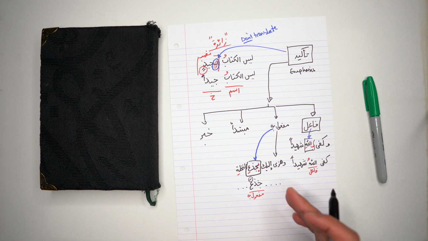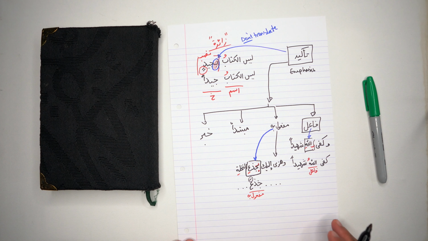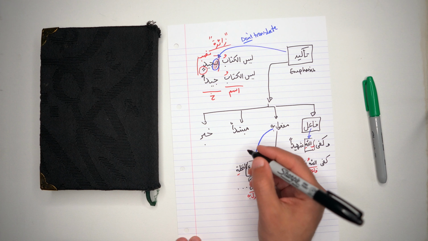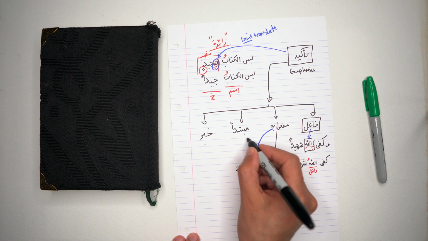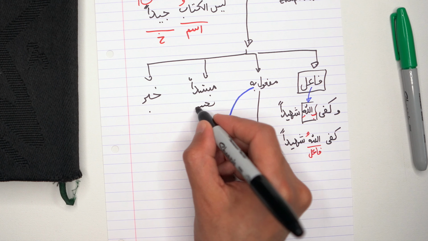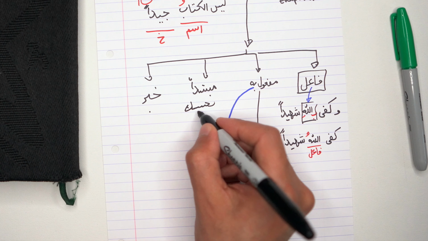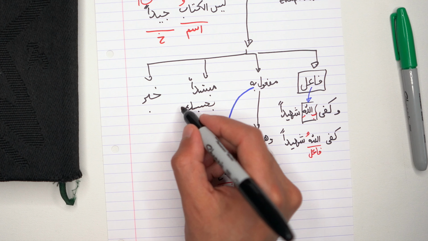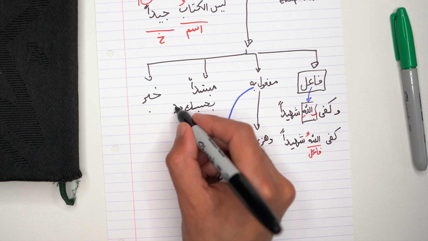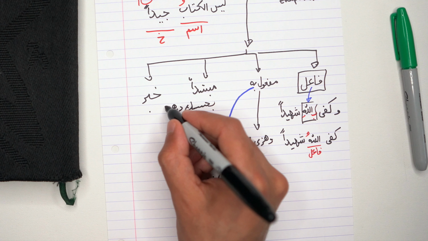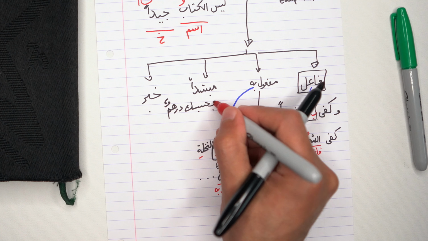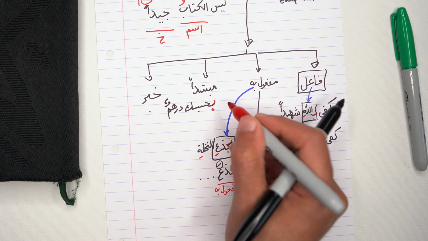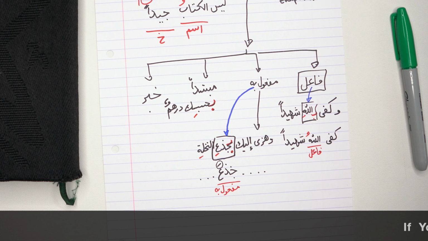I'm mubtada one now. Right, mubtada one. So the mubtada example, for example, is بحسبك درهم. بحسبك dirham.